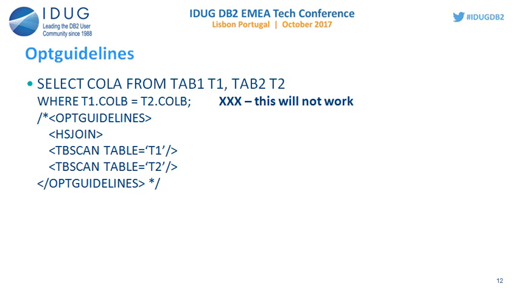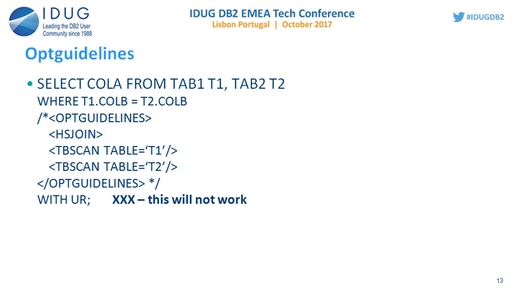Sometimes, if you are writing a query and you want to use the UR isolation level, that usually goes at the end of your query with UR. And I've seen developers put the with UR after the guideline. That won't work either. If it's not the very last thing, DB2 will treat it as a comment and ignore it.